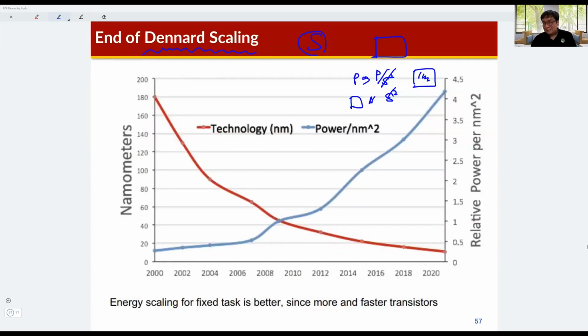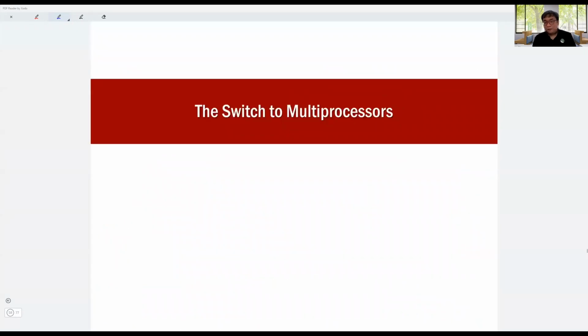How? Multiprocessor. What does multiprocessor mean?